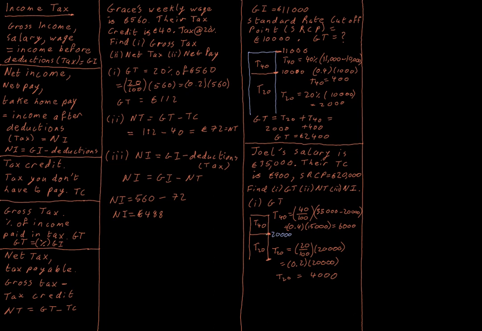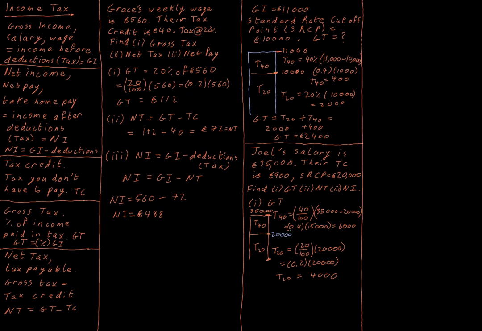The first 20,000 we earn is going to be charged at 20%, so 20 out of 100, which is 0.2 times 20,000, which ends up being 4,000. Up here, we have a slightly more complicated formula, because we have to remember that it's from 20,000 up to 35,000, so that's going to be 15,000. The last 15,000 we earn up to our 35,000 is going to be paid at 40% tax.